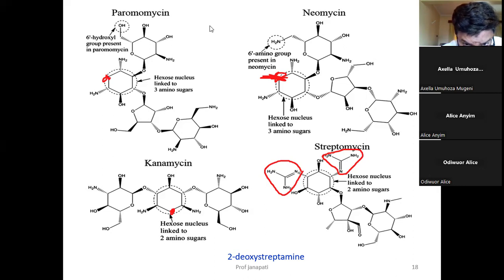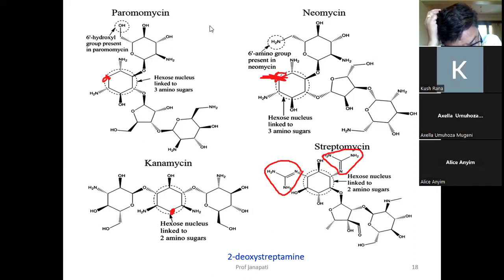Kush: The aminocyclitol ring is basically the glycon portion, which we see on top, the 6-membered ring. In streptomycin, it's streptidine, right?